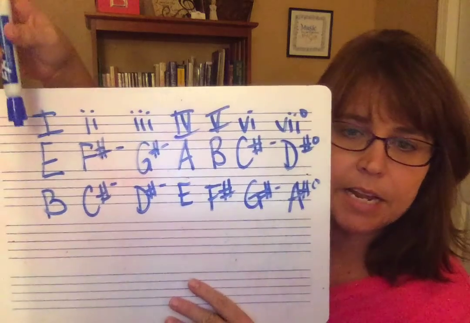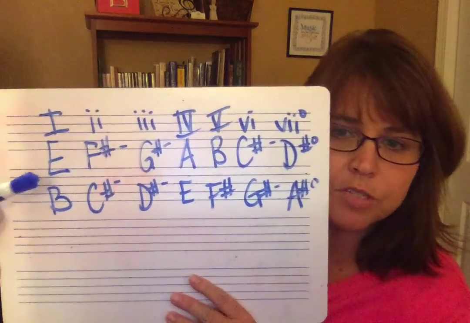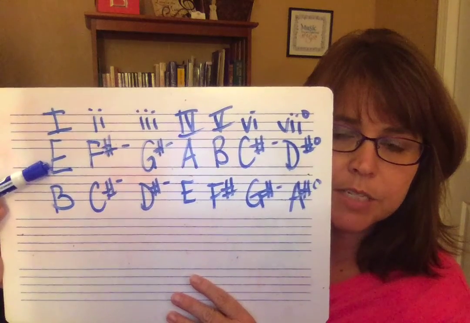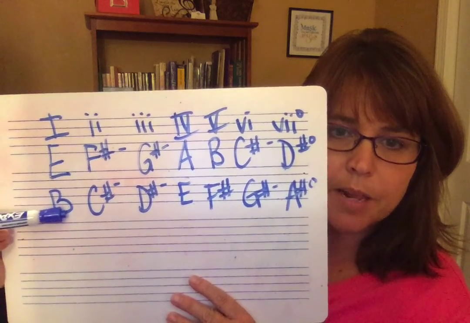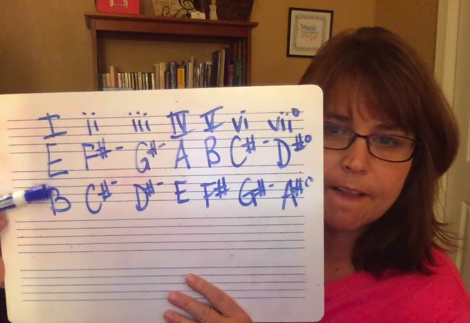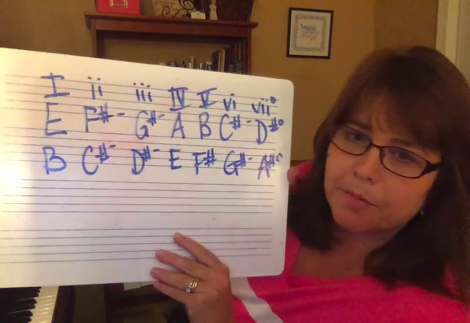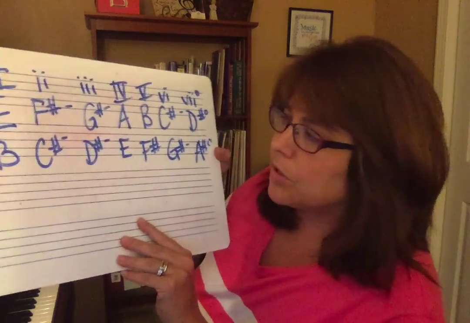So this is E major. So see E major there. And here's B major. So these are closely related. Let's pretend this is tonic, and we're going to move to the dominant. So by looking at these two right here, you're going to see that you got some chords in common. I'm going to circle them. So I'll circle all of them.